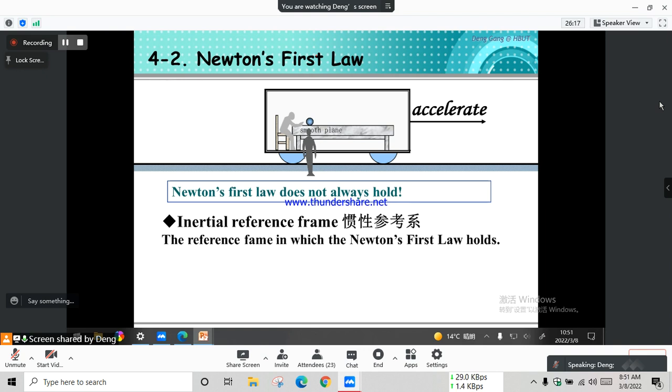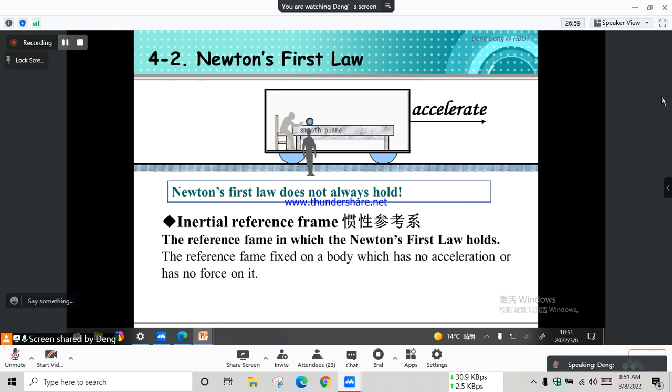This guy chooses the ground as the reference, and this guy chooses this accelerating train as the reference. So that's the difference. In different reference frames, Newton's first law will not always hold. It holds only in an inertial reference frame. The reference frame in which Newton's first law holds is called an inertial reference frame.